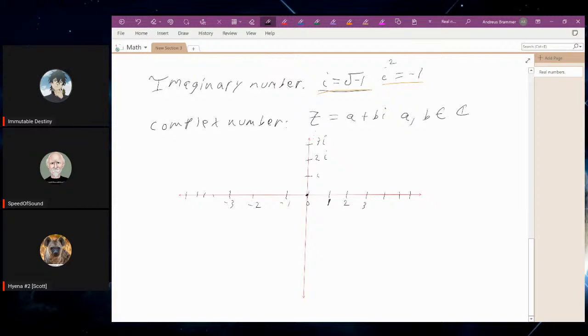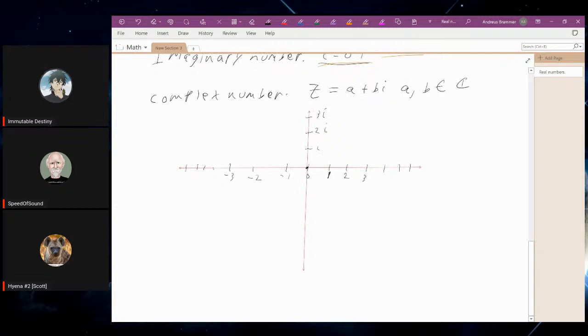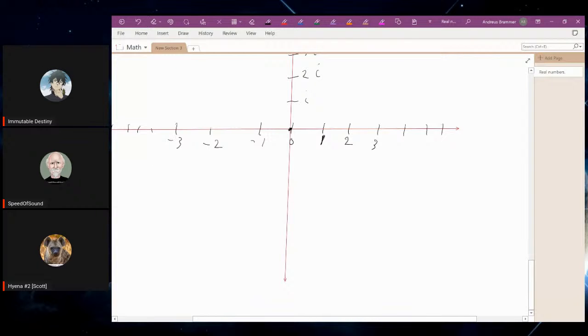And as a matter of fact, we can do the same thing going down. We have -i, -2i, -3i, -4i, and so on.